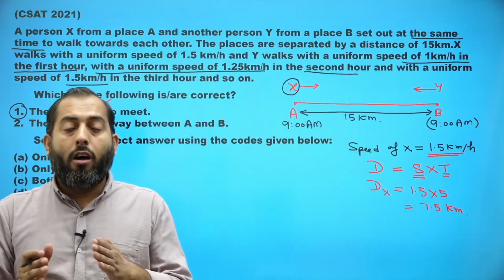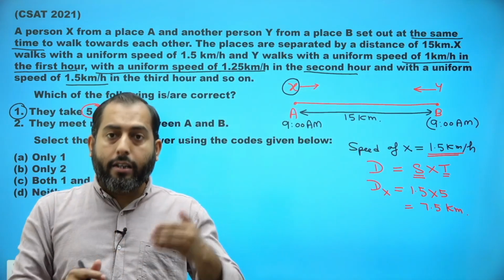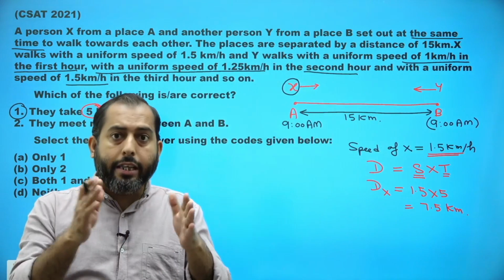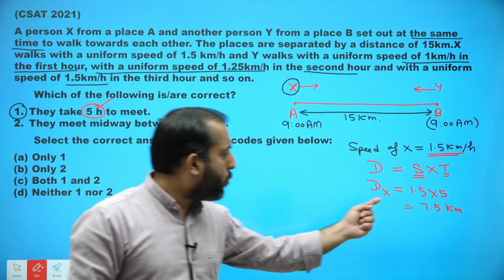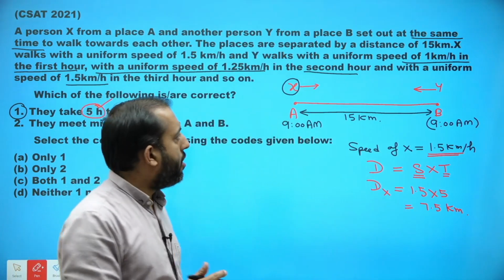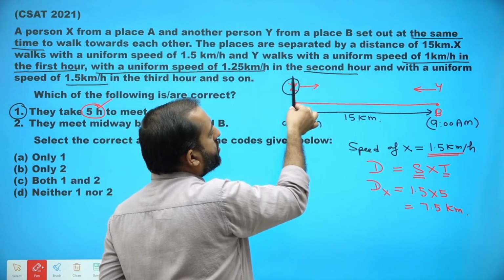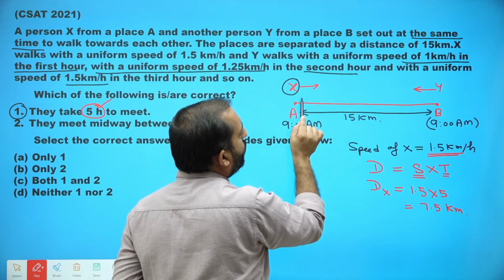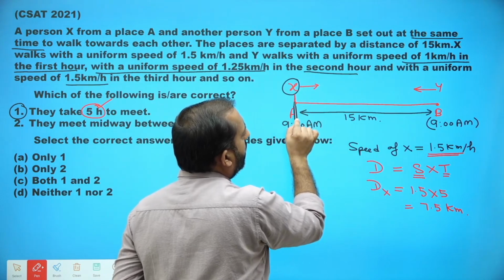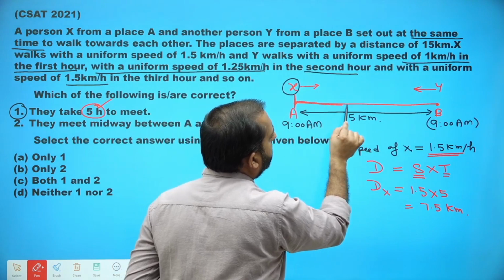So from the beginning till the end of the 5th hour, the total distance covered by X will be 7.5 kilometers. So X was here, from point A, and X will cover 7.5 kilometers.